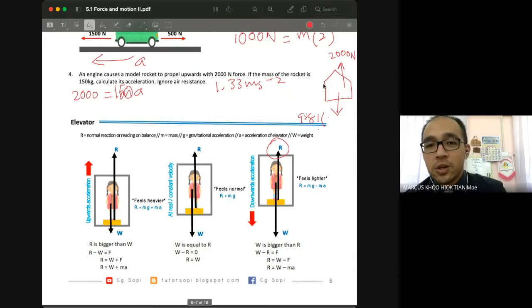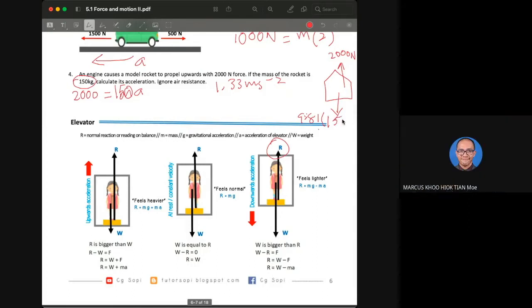Okay. So this is where we can learn something. The force of gravity is also known as the weight of the rocket. So the weight of the rocket is 9.81 times 150. Okay, don't worry, we make mistakes here. This is where you learn. Remember, every force must have a counter force. It may not be the same, but there's always two forces at work.